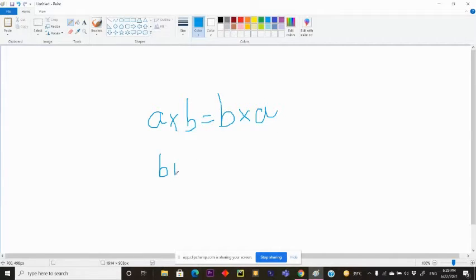You just write them. So A into B is equal to B into A, and B plus A is equal to A plus B. Again, we don't have anything for subtraction and division. Why so unfair? Okay, let's just try.